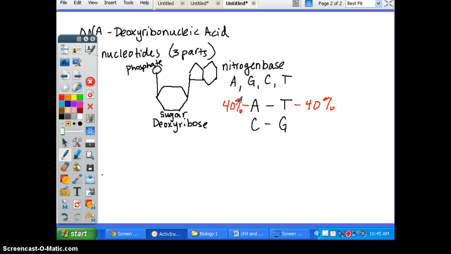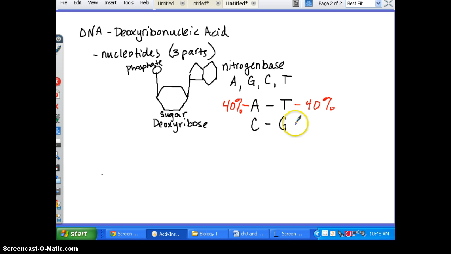That's a total of 80%, which would leave us 20% remaining, so guanine would be 10% and cytosine would be 10%. Now, these numbers are not exact. It's not like every single time you see DNA, it's going to be 40% A. This was just one of the questions that came up in one of your mini quizzes to check for understanding, and a lot of you had missed it.